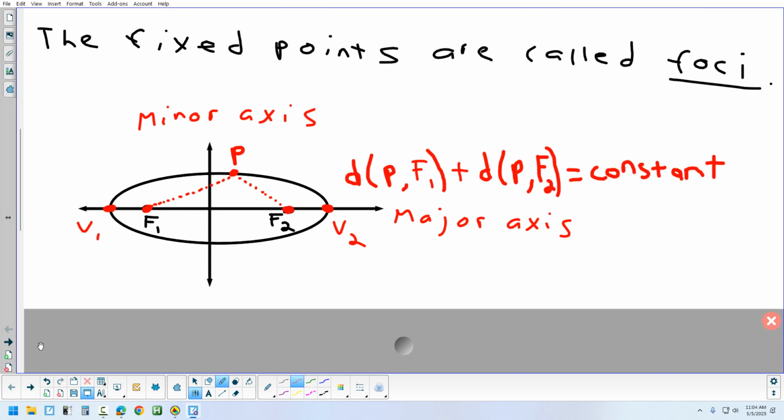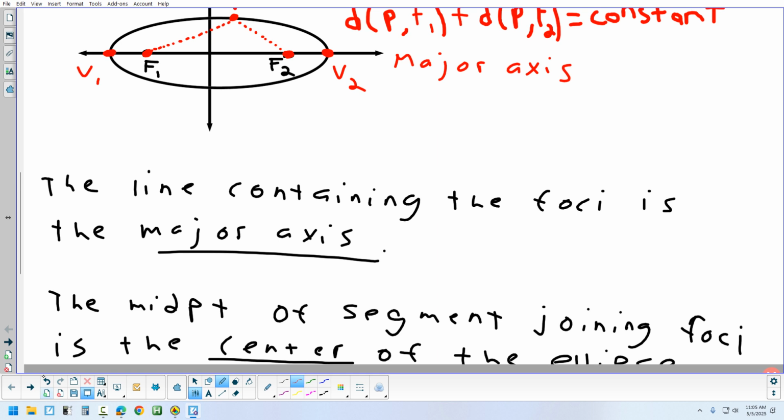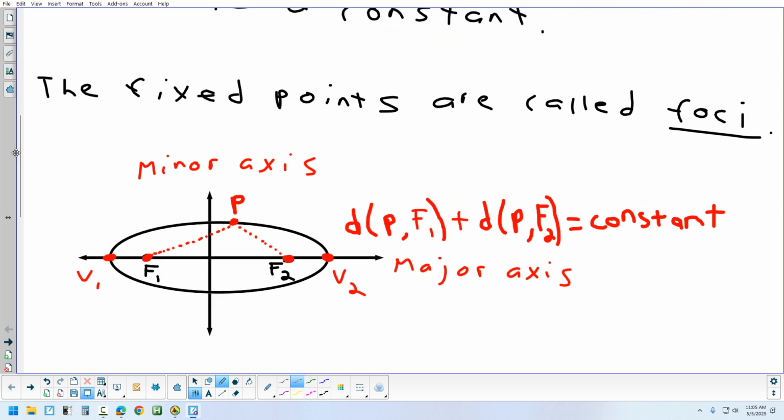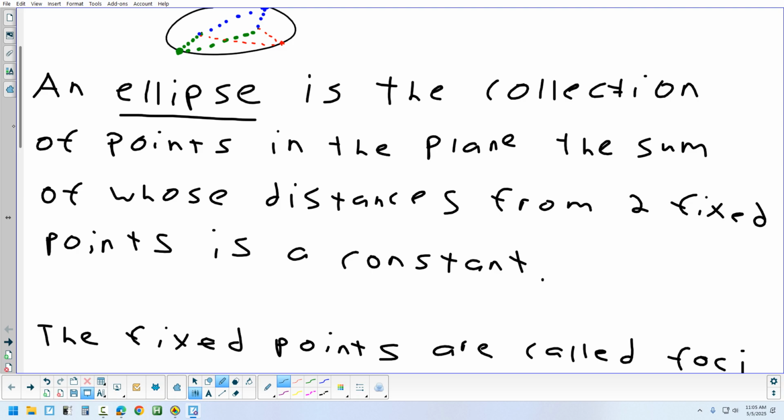Okay, and so some other terms we're going to look at. An ellipse has 2 different axes. So it's got a couple different axes we'll talk about. This is describing what I just wrote as a sentence up there.